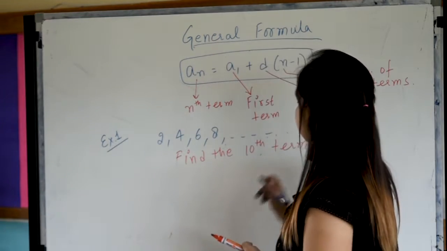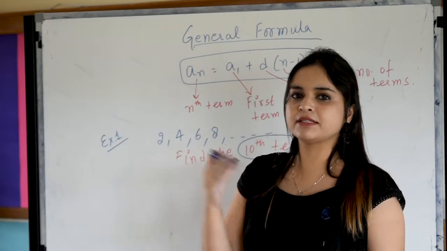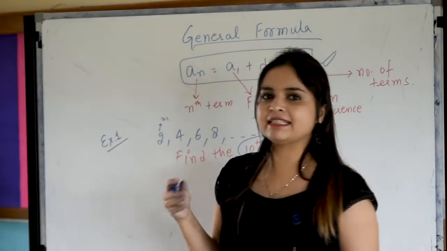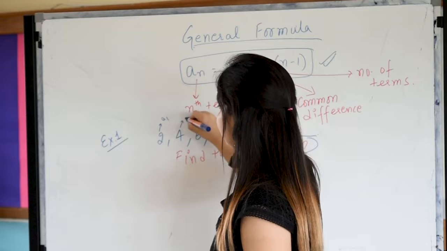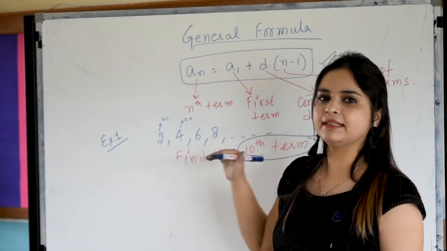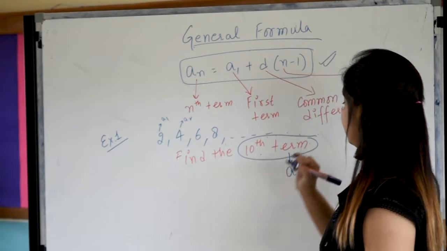Okay, find the 10th term. Now, when I say first term, what do you write? You write A1. When I say second term, you write A2. And so on. Now the question is find the 10th term. That means you have to find A10.